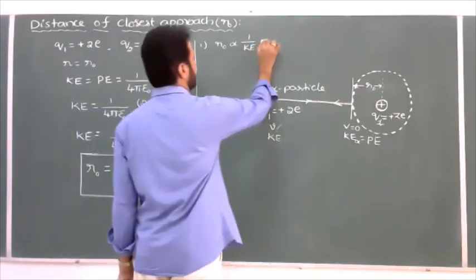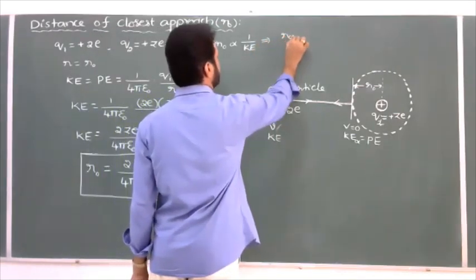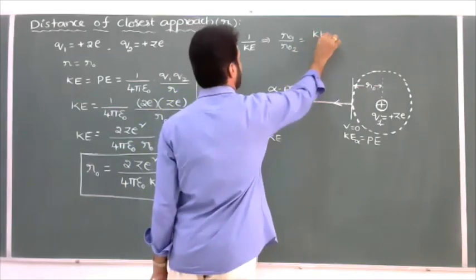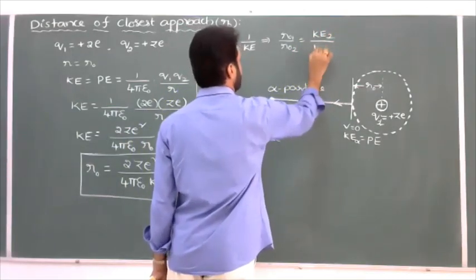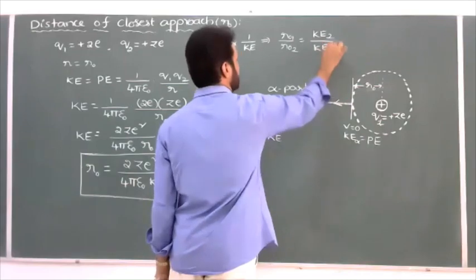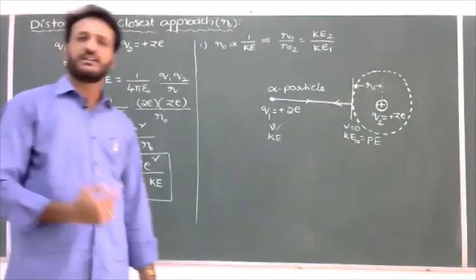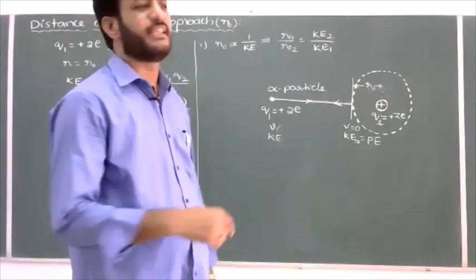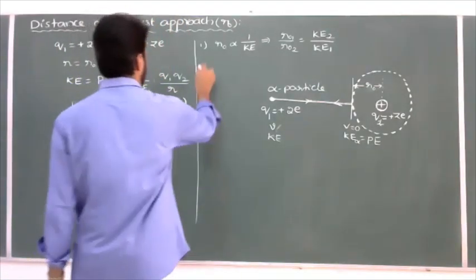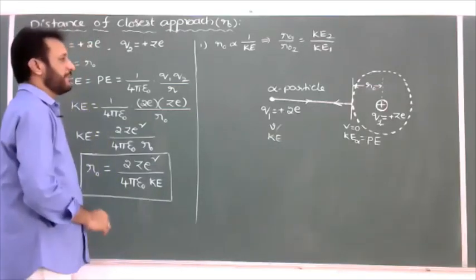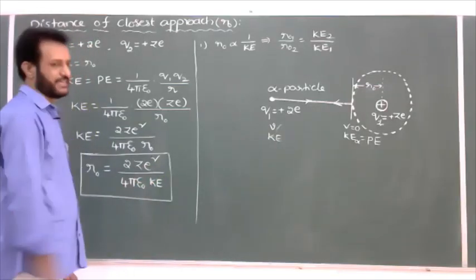From this, R naught 1 by R naught 2 is equal to KE2 by KE1. If any ratio numericals are asked, we can substitute and calculate. And one more, I'll write here: in place of KE, I'll substitute the half mv square formula.